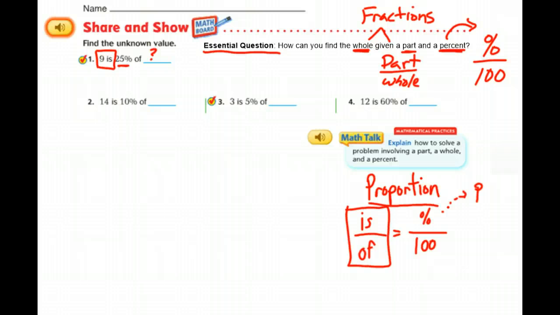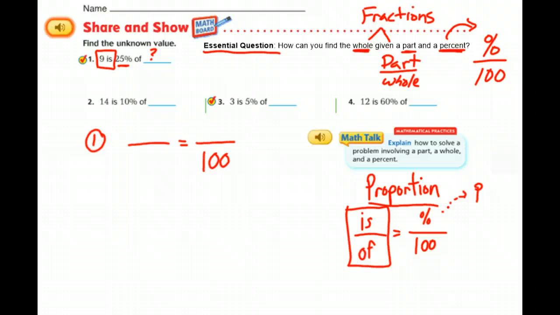Okay. So as I set this up inside the problem, or inside our proportion, I'm going to start with example 1. I'm going to put my bar equals bar because it is a proportion concept. And I know right now that my bottom right-hand side is going to be 100. And over that 100, I am going to label my percent.